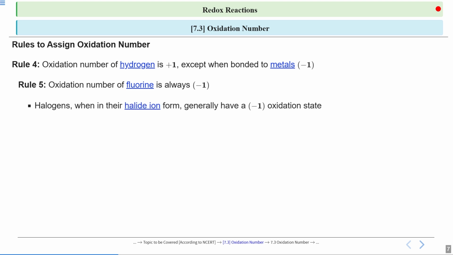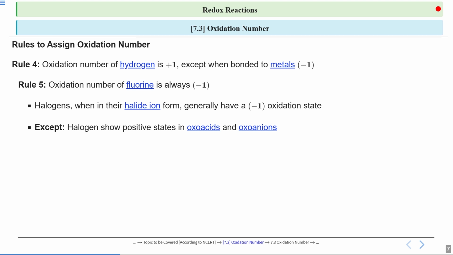So, as I have already mentioned, when they are present in their halide form, the other halogens, that is chlorine, bromine and iodine, have a general oxidation state of -1. While there is some exception, there is an important note that halogens also show positive states in oxoacids and oxoanions.